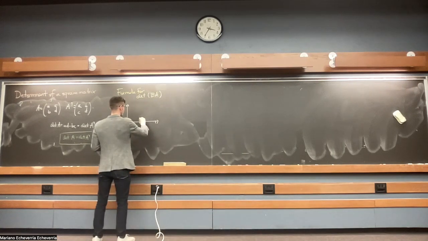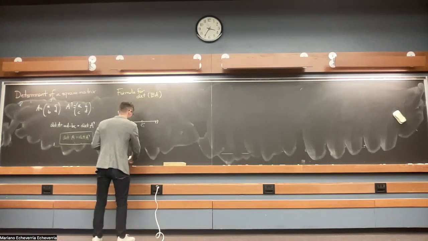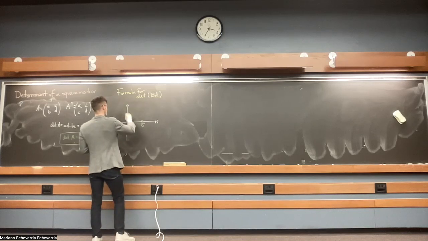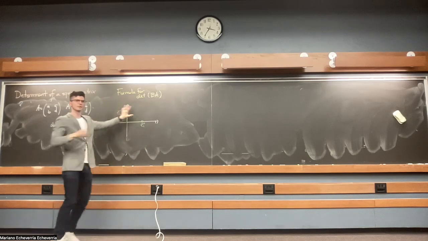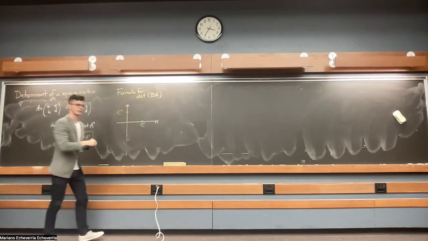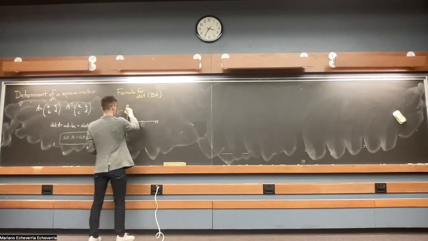I think the E1 was a green vector, right? So these were our two original vectors, like the unit square.